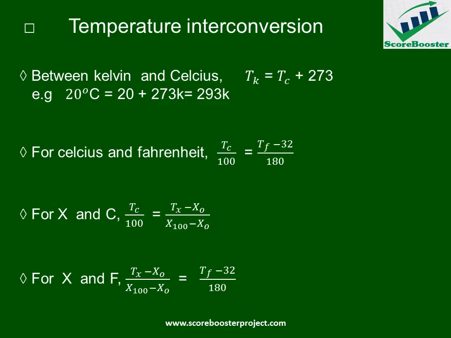Now, having understood the interconversion of Kelvin and Celsius, the next one we shall be considering is Celsius and Fahrenheit. For interconversion between temperature in Celsius and Fahrenheit, we use Tc over 100 equals Tf minus 32 over 180.